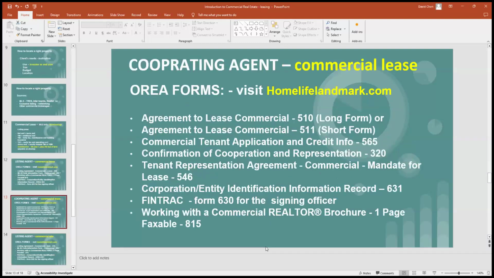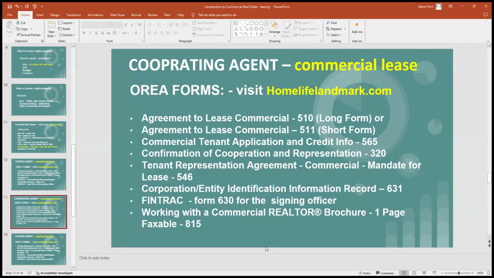If you're a cooperating agent, here are the forms as well, listed out for you. The only thing I can share with you is that in a commercial lease, we normally have two forms people are looking at. One is 510. 510 is a long form, and we will see it in a few minutes.